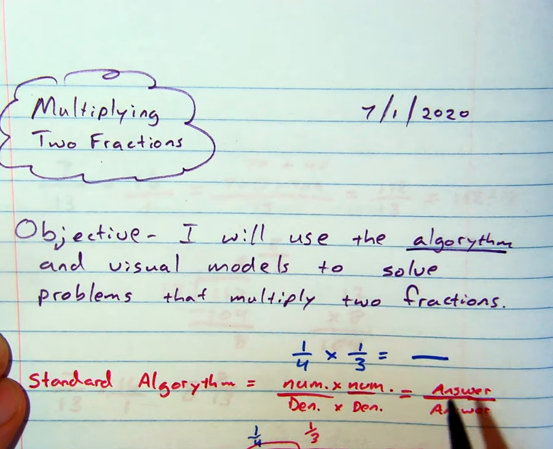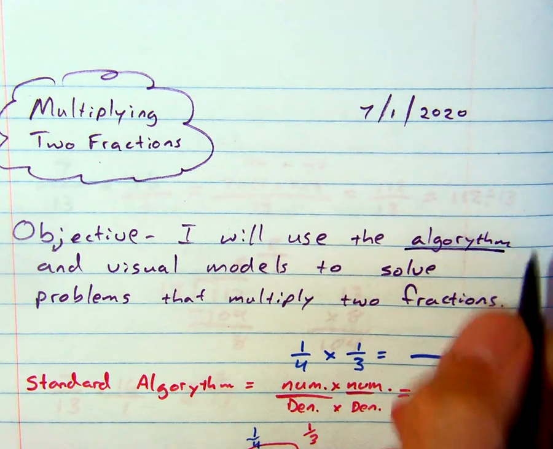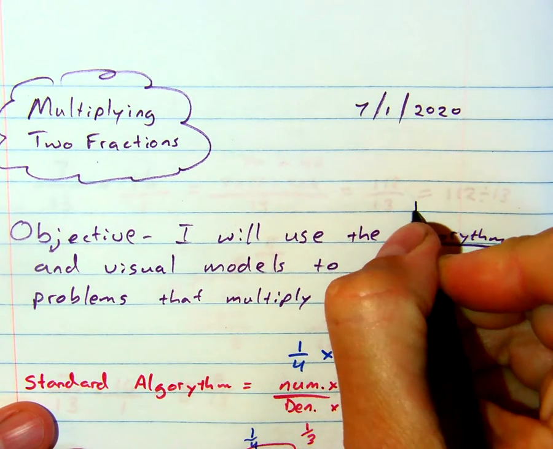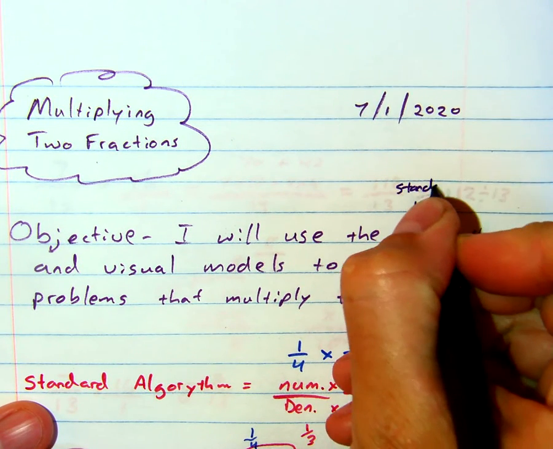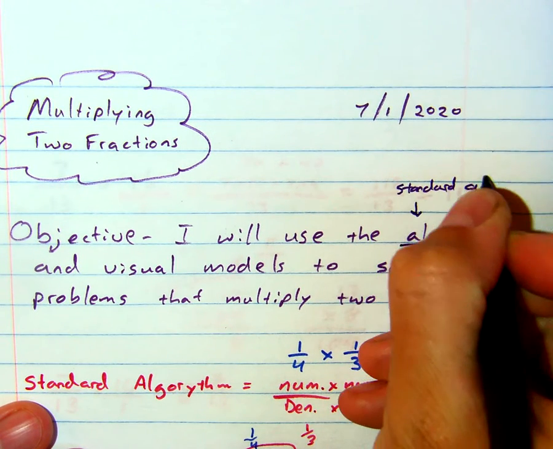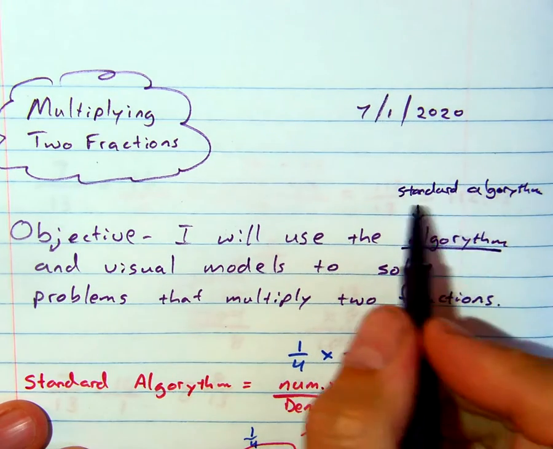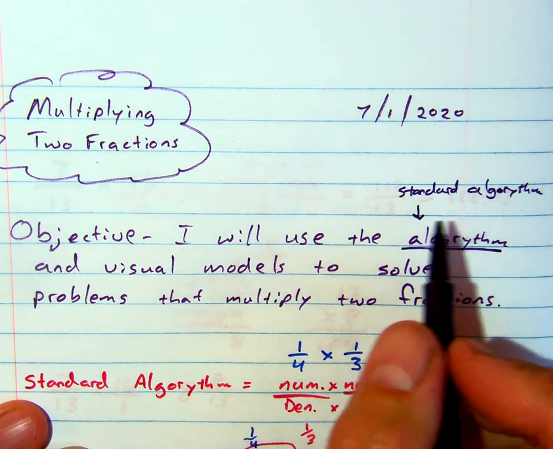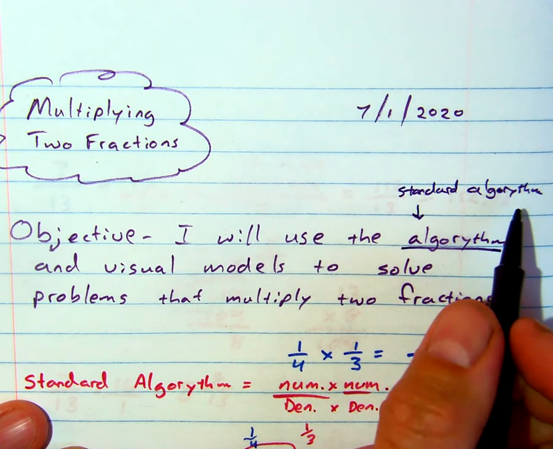Now, if you haven't heard this term algorithm, or as I will often refer to it, the standard algorithm, this means essentially a step-by-step way of solving. That's typically the standard algorithm.